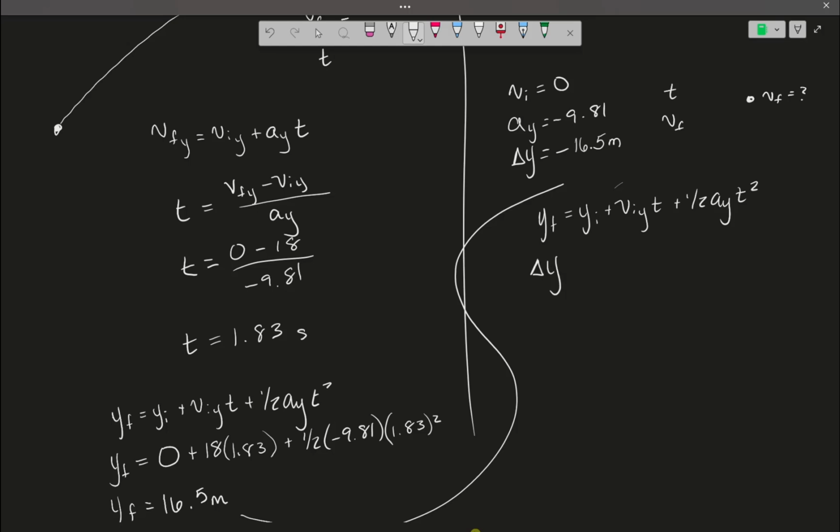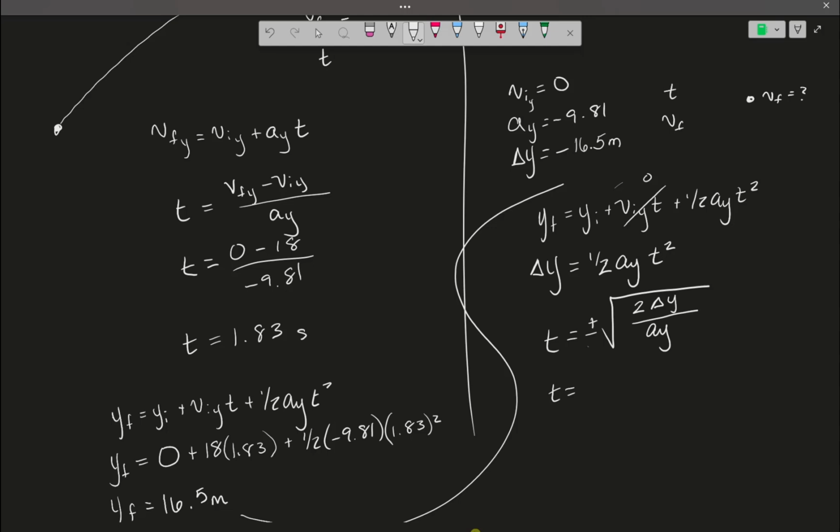So my change in y is going to be equal to, this is going to go to 0 because my initial velocity in the y direction was 0, 1/2 acceleration in the y direction times time squared. I'm going to solve this for time, meaning that time is going to be equal to plus or minus the square root of 2 times my change in position in the y direction divided by acceleration in the y direction.